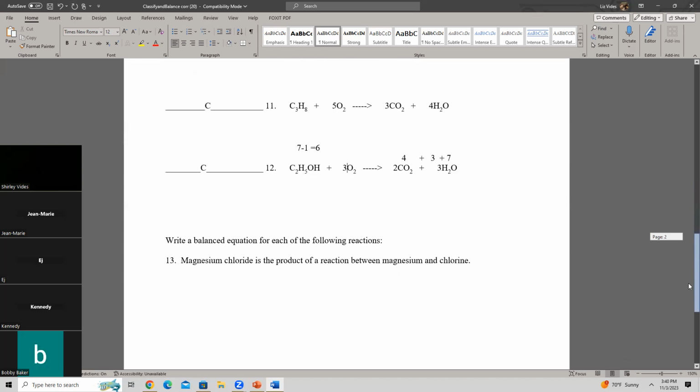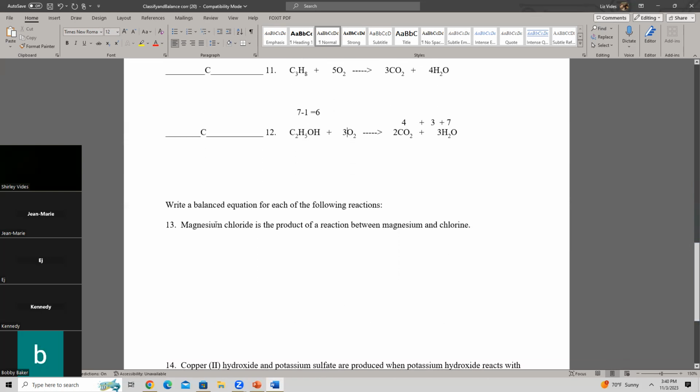So, okay, now what we need to do is write down exactly what it's telling us to do. You notice it says magnesium chloride is the product of magnesium and chlorine. And remember, chlorine is diatomic. Oops, that's an Mg lowercase. Sorry.